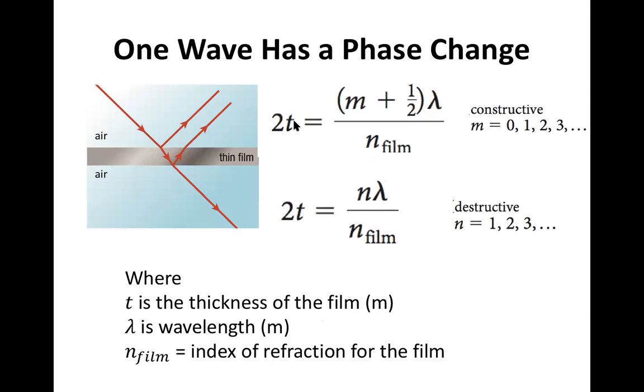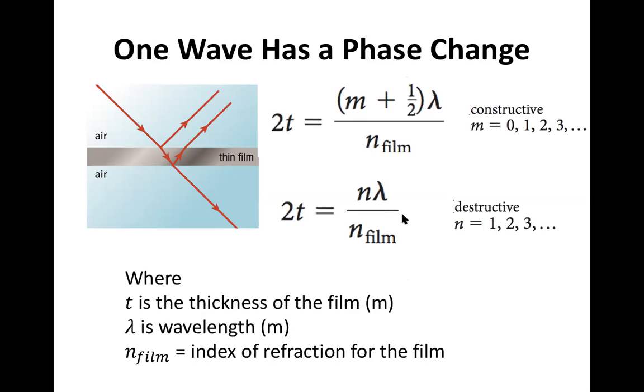And so here are the equations for when we have one of those reflections causing an inversion. The textbook says phase change, but phase change by 180 degrees is just an inversion. So I'm just going to say inversion because I find it's easier. So if we go from air to film to air, there's going to be inversion here, but not here.